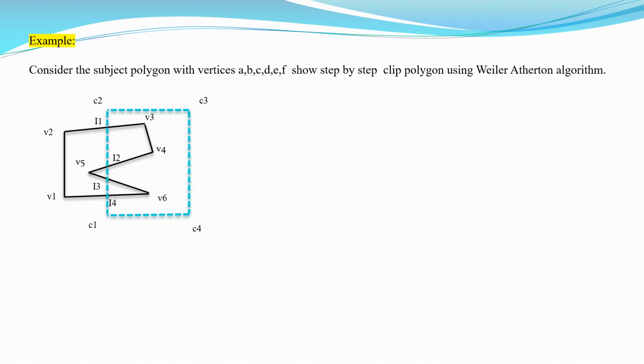So what is the first step? In the first step we have to take the list of the subject polygon's vertices which are entering into the clipping window, right? So here, first is the subject polygon and the clip polygon, two columns are ready.